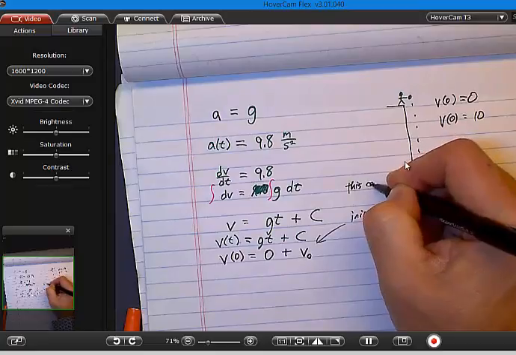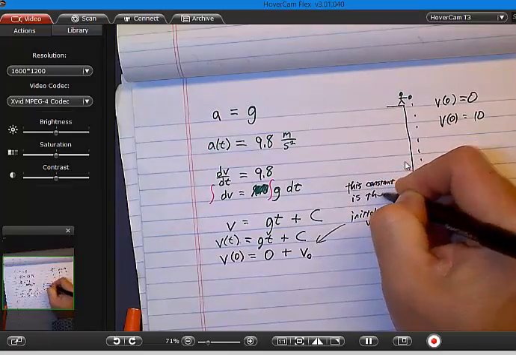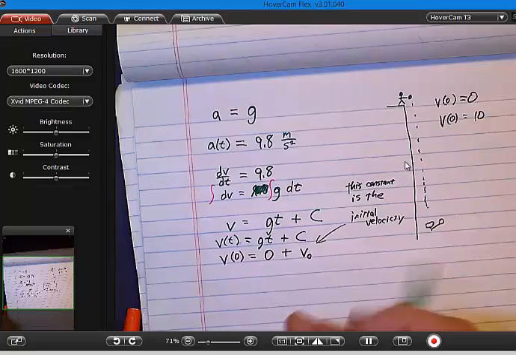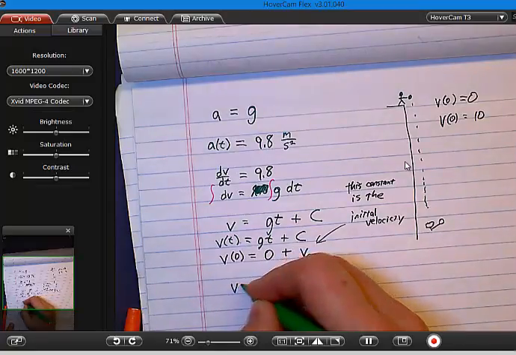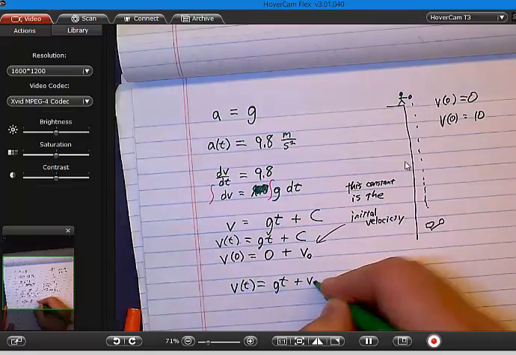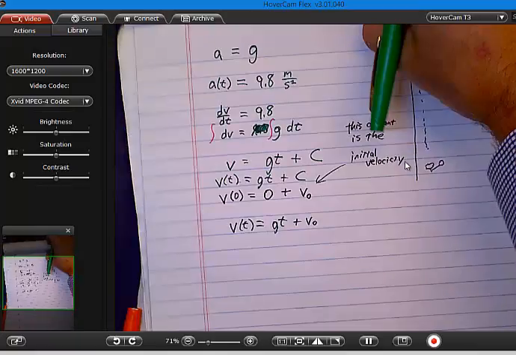So this constant is the initial velocity. Cool. So what's my function so far? My function is v of t equals gt plus v initial. And so sometimes you'll see that formula. Okay?